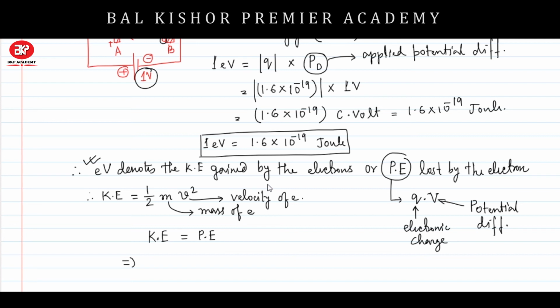So if I put the value of kinetic energy, that is half m v square, and the value of potential energy, Q into capital V, it will be half m v square equals Q into capital V. From this equation, if I find the value of small v, that is the velocity of the electron, it will be v equals root of 2 q capital V divided by m.